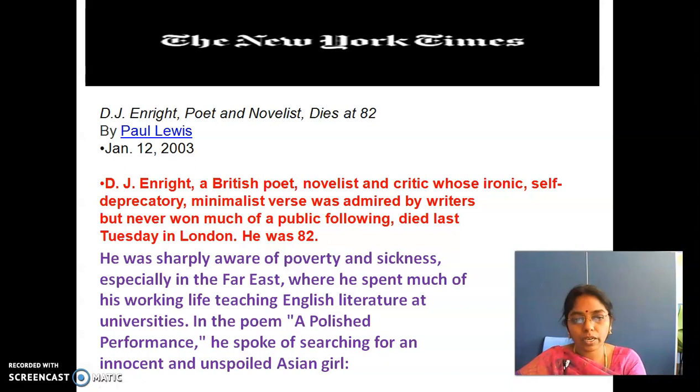I just separated that newspaper cutting for you. D.J. Enright, poet and novelist, dies at 82. At the age of 82, he died. This is an article, a model of how to write an article. This was published January 12, 2003.